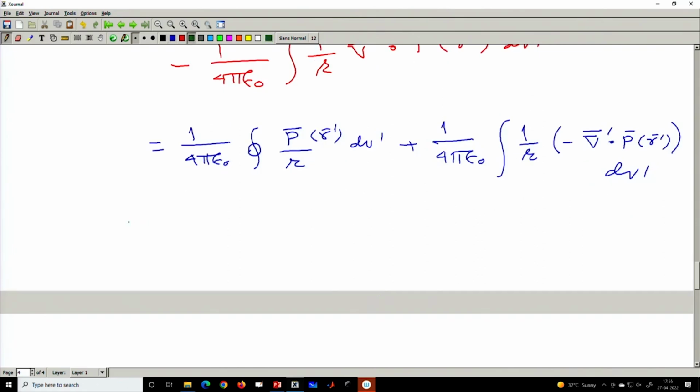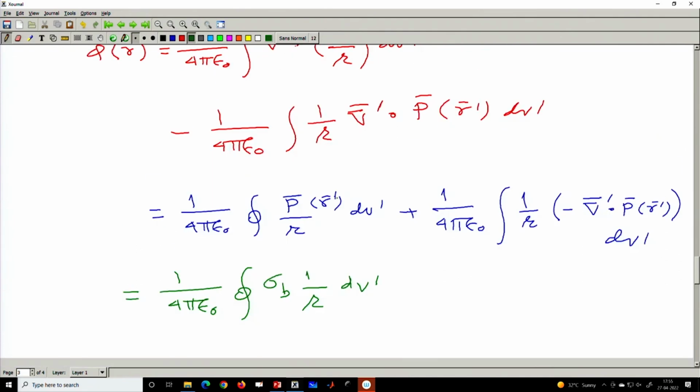So, I can write 1 by 4 pi epsilon 0, then the closed surface integral, and then I write sigma b, like a bound charge density, then 1 divided by R, and then dV prime, that is my d here. Okay, I made a mistake here, because it is a surface integral.